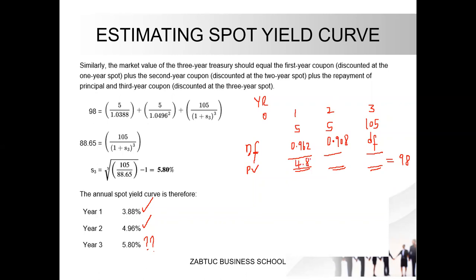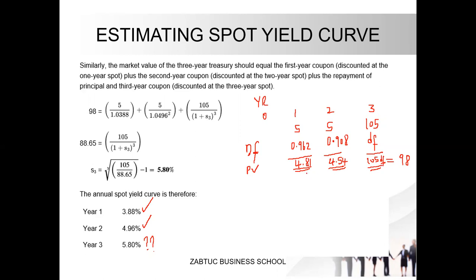The next one, you multiply here, what do you find? 4.54. 5.4. And the last one, what is it? It's 105 DF.